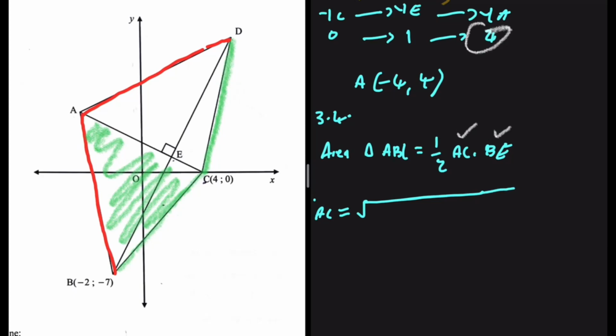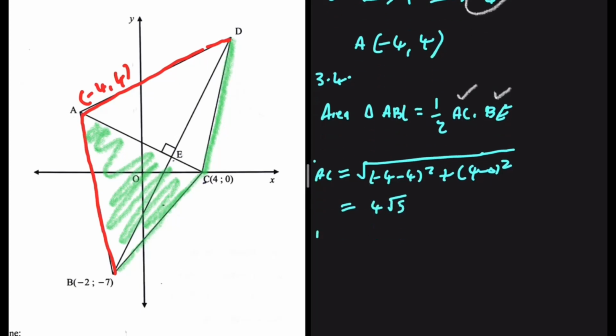Let's take our point A as our second point. Let's not forget, here we have coordinates minus 4 and 4. So x2 will be minus 4 and x1 will be 4. So we're going to have minus 4 squared plus y2. y2 is going to be 4 and y1 is 0. AC is equal to 4 square root of 5.